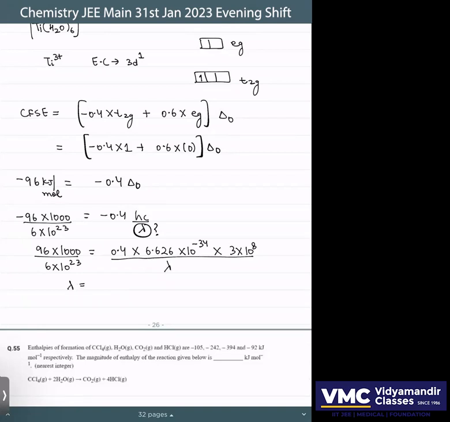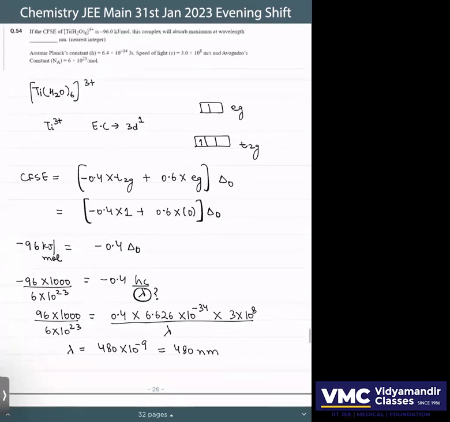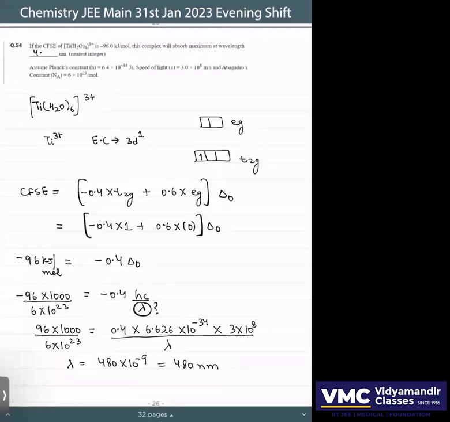So when we calculate this value of wavelength, it will come out to be 480 into 10 power minus 9, which means 480 nanometer. We were asked in nanometer, so our answer will be 480. Right? So the answer to question number 54 is 480.